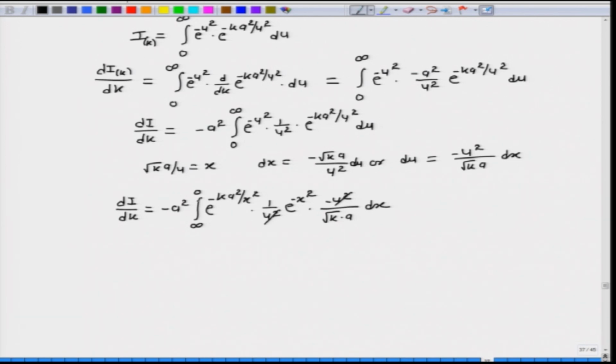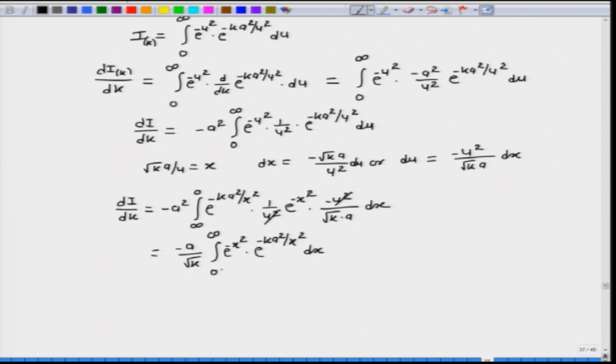from infinity to 0. If we make it 0 to infinity, there will be a negative sign again, and so we get minus a by root k integral 0 to infinity e to power minus x square times e to power minus k a square over x square dx.